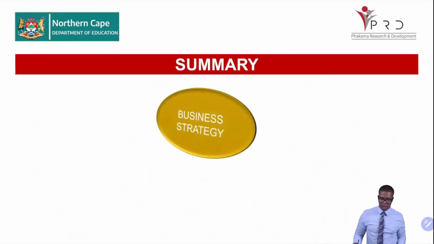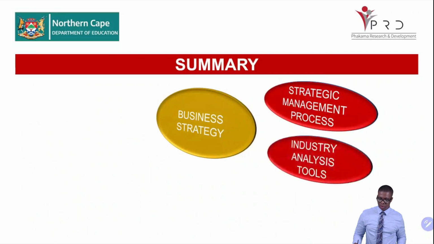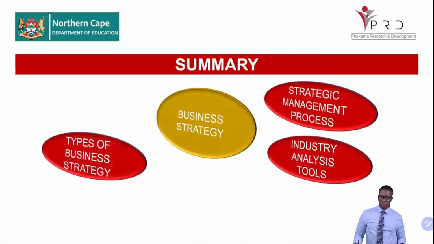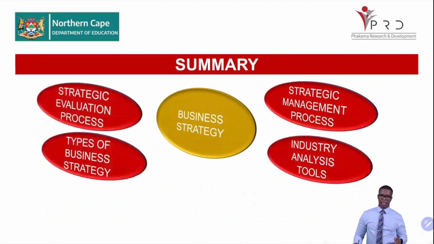We also looked into the business strategy, where we have the strategic management process, which can be used as a distractor to strategic evaluation, or the steps in strategy evaluation, which can be used as a distractor for the strategic management process, how to identify the Porter's 5, how to identify the PESTLE factors from the scenario, and how to identify steps in business strategy as well.